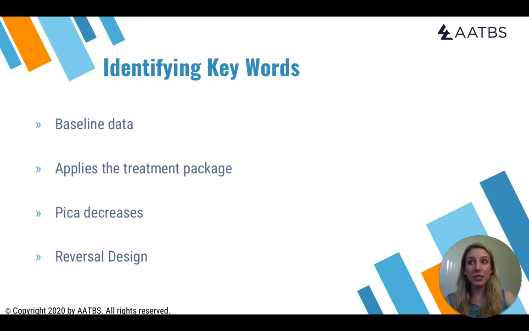Pica decreases lets us know that there was a change in responding when the treatment package was applied. And reversal design. This tells us the type of experimental design the BCBA will apply next and is asking the reader to identify what the next condition will look like when the BCBA applies that reversal design.